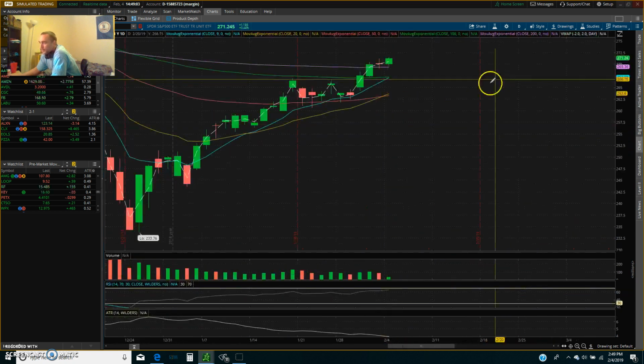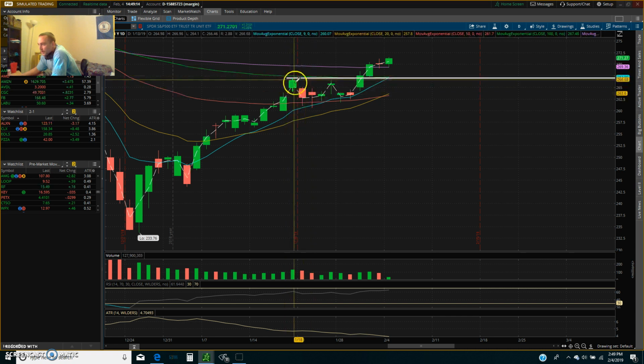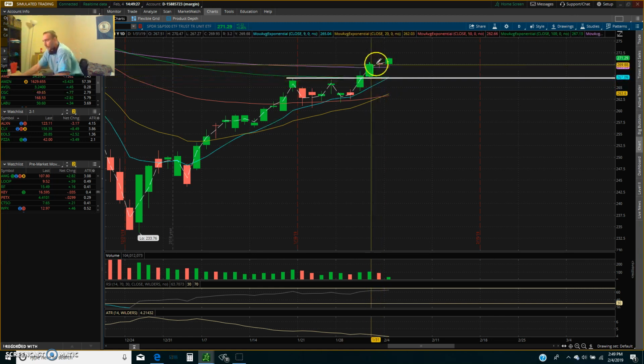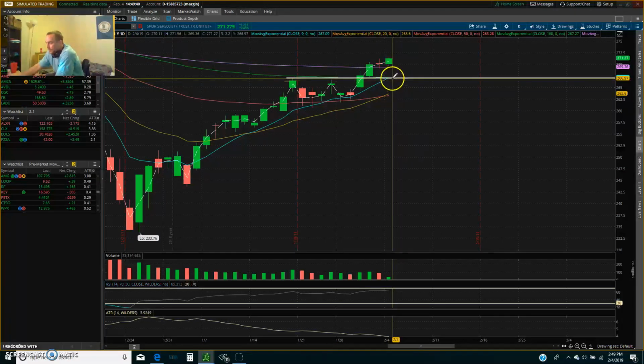Now, if we zoom in, I had talked about in previous videos this 167 area right here, where we had tried to break out once and twice, and we have broken it and came back down and tested and came up, and we are sitting here coming in on Friday, coming into today. And I had said on the video that I expected a pullback to this area, and as long as we stayed above this line, the bulls would stay in control.